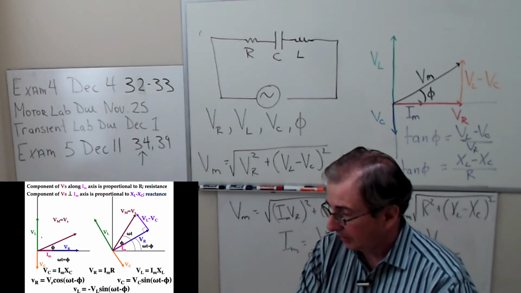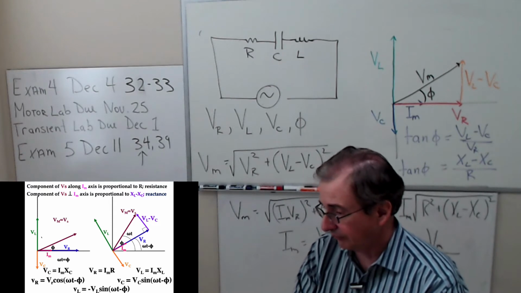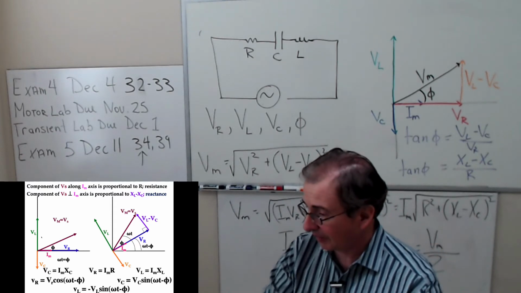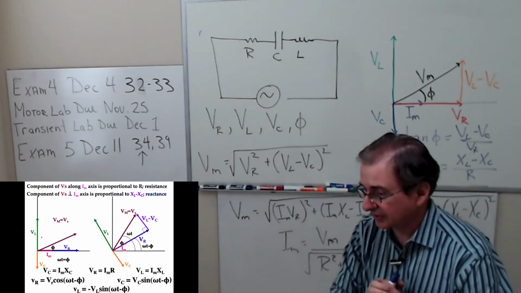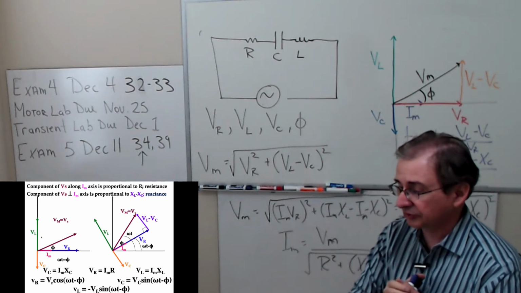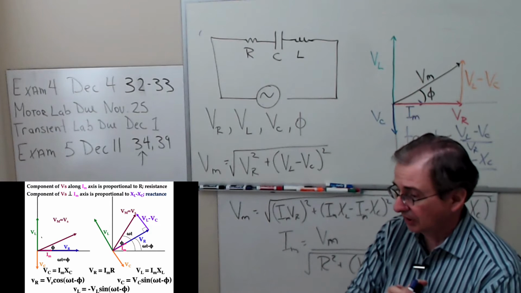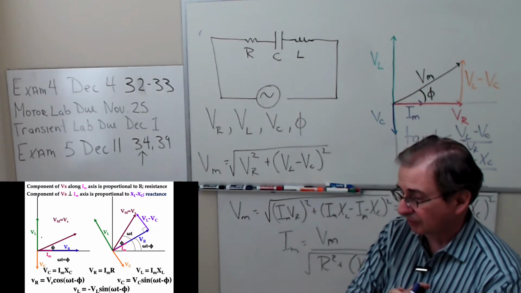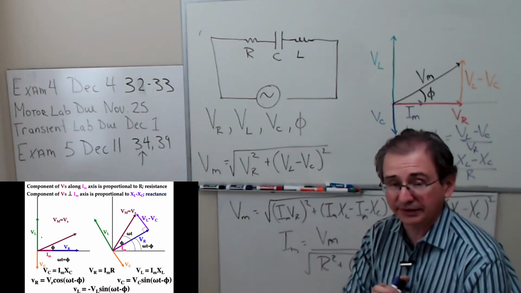The component of V sub M, the component of that power supply phasor along the I sub M axis, is proportional to the resistance, and the component perpendicular to the I sub M axis is proportional to the reactance.